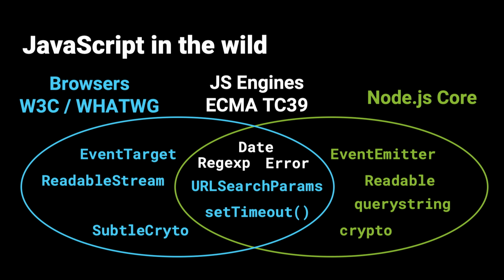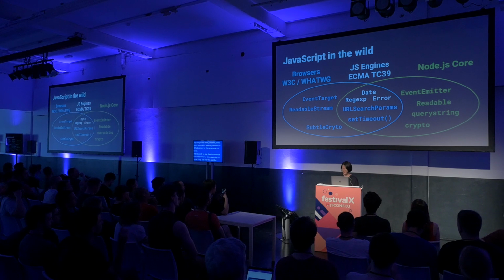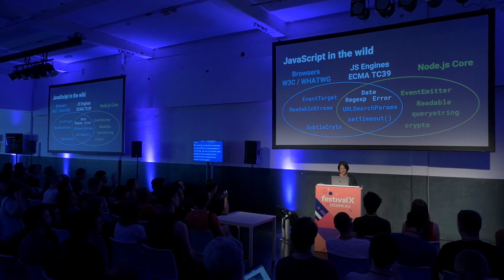But obviously, no one likes to remember two sets of APIs for doing basically the same thing. So over the past few years, people have been sending feature requests to Node to bring the two platforms closer together. For Node, it usually means making the runtime more compatible with browsers. So Node did evaluate and implement some of the requests, and it is still looking into more APIs from the web.